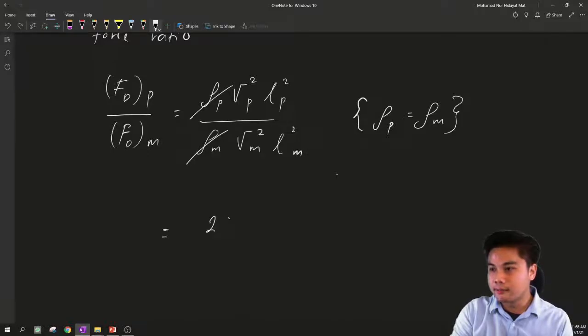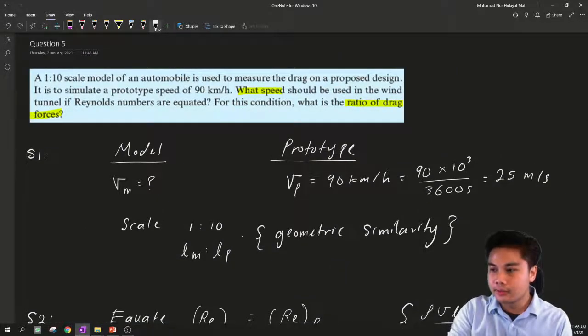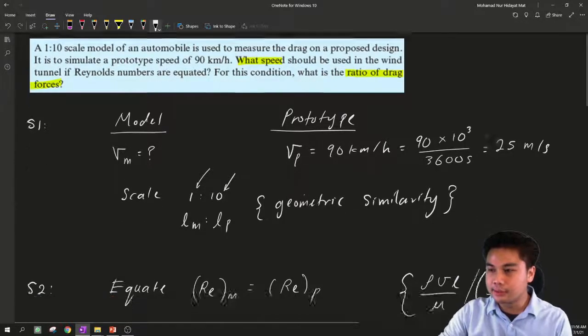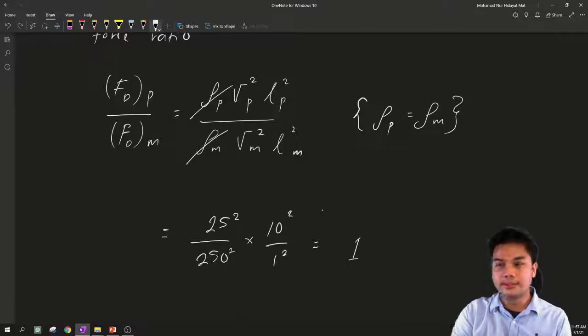Vp is 25 and Vm is 250 meters per second, to the power of 2, multiplied by Lp, which is given as 10, and Lm is 1. Just substitute Lp is 10 squared over 1 squared, and you will find that the final answer is equal to 1. This is the drag force ratio of the prototype to the model, equal to 1. Therefore, that is the final answer.